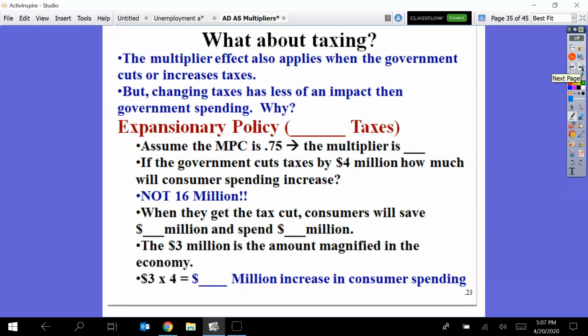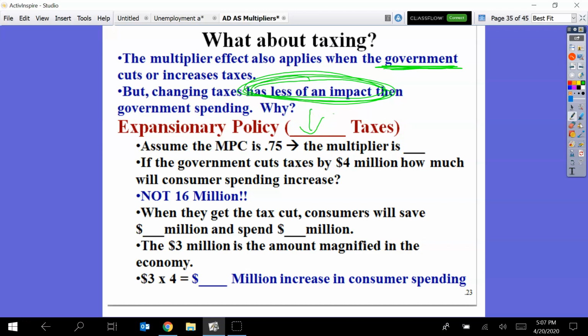So today's lesson is how the tax multiplier is a little different than the spending multiplier. It has less of an impact on GDP or aggregate demand than pure government spending. So if you're looking for expansionary policy, you're going to lower the tax revenue.